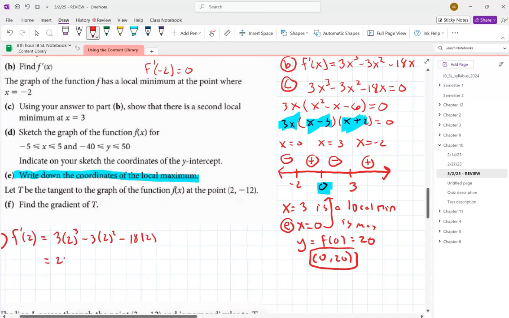So that's going to be 24 minus 12 minus 36, which is negative 24. Feel okay?